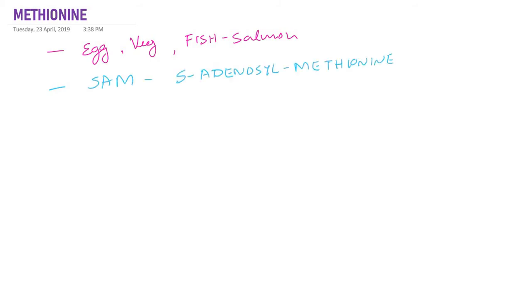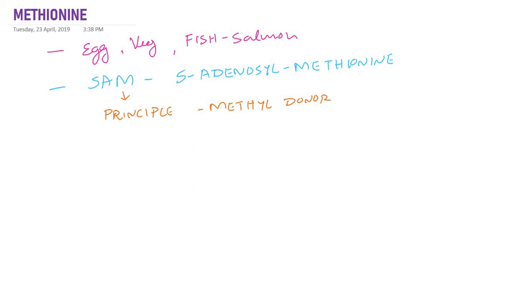We can call SAM activated methionine or the active form of methionine, which is a principal donor of methyl group. You might have noticed in methionine there is a CH3 group. So this activated methionine is very important.